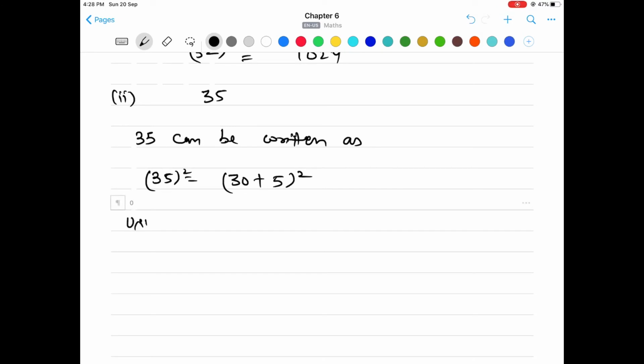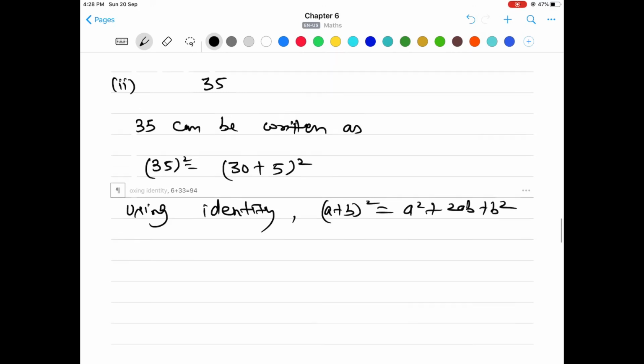Again using the identity, a plus b whole square equals a square plus 2ab plus b square.